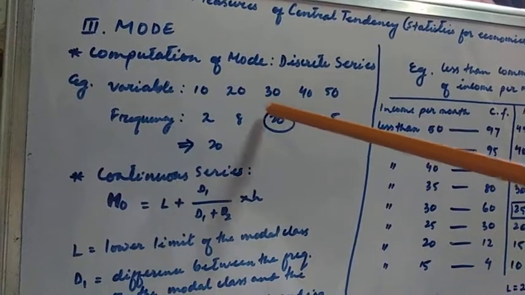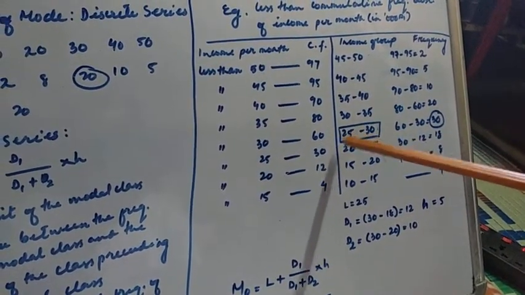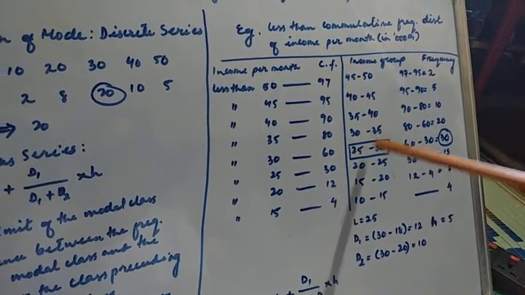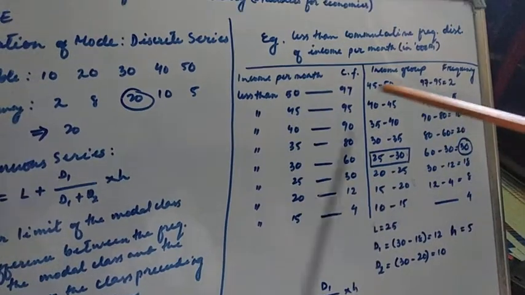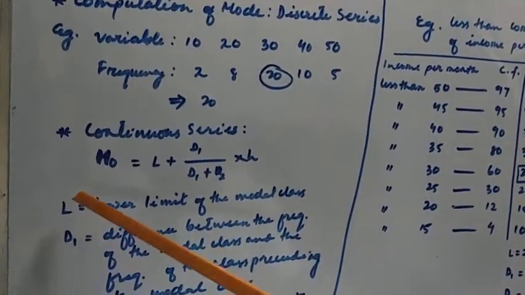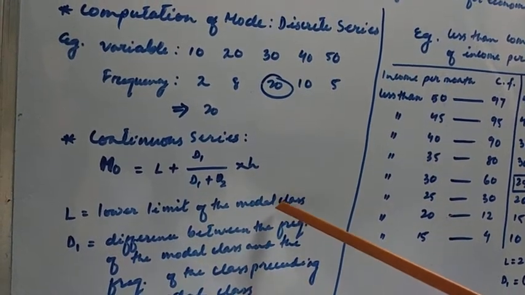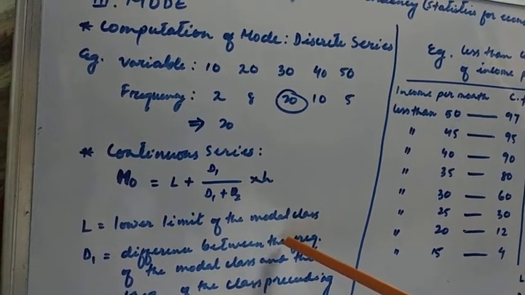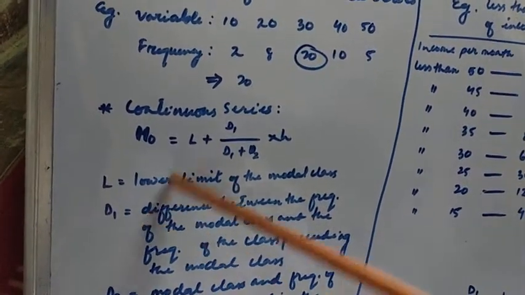So this is all discrete series, and continuous series would look like this. We will have class intervals when it comes to continuous series, with a lower limit and an upper limit. In the formula, L represents the lower limit of the modal class. The modal class is nothing but the class which has the highest frequency. D1, what is D1?